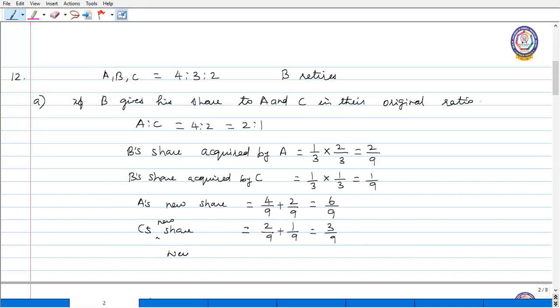So the new profit sharing ratio of A and C is equal to 6/9 is to 3/9, otherwise 6:3 or 2:1.